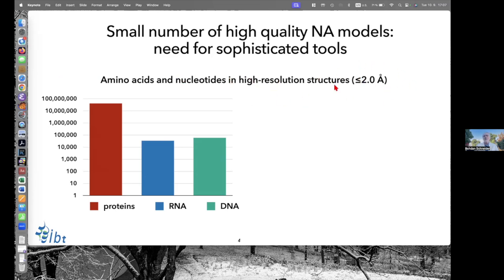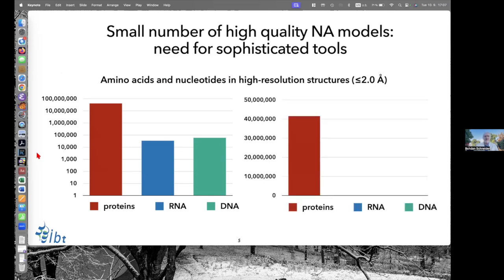Here I talk about better than 2 angstrom X-ray structures. And again, bars are nice, right? But then again, this is logarithmic scale. And if you go to linear scale, you see just nothing at RNA and DNA.